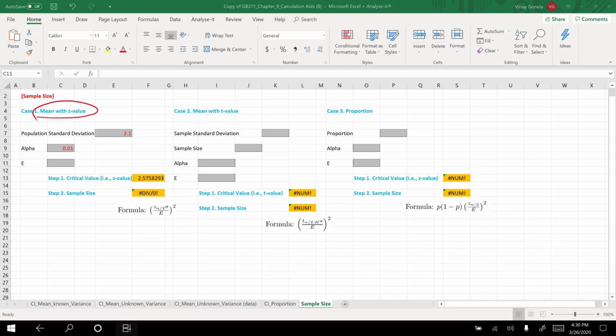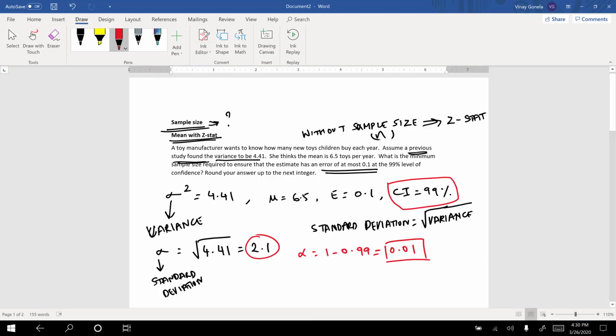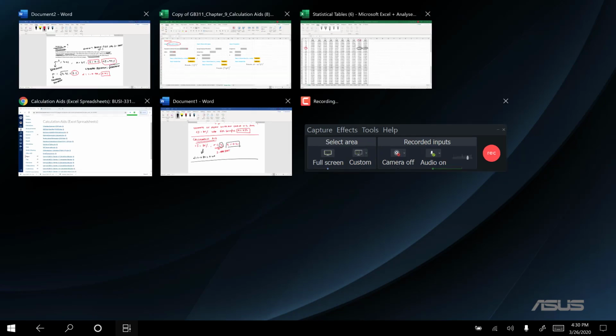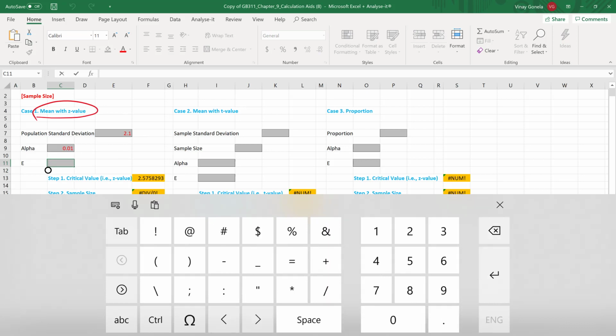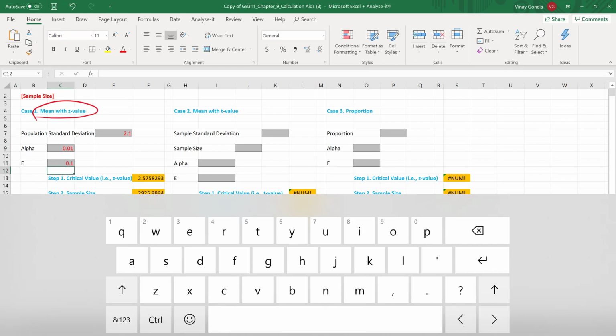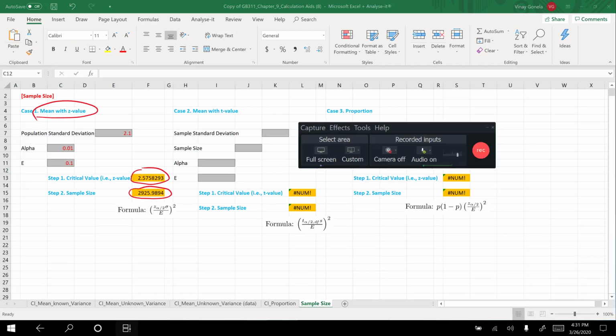The margin of error is given as 0.1, so I key in 0.1 and hit enter. If you see, the critical value is 2.57 and you need 2925.9894 samples, so that is 2926.